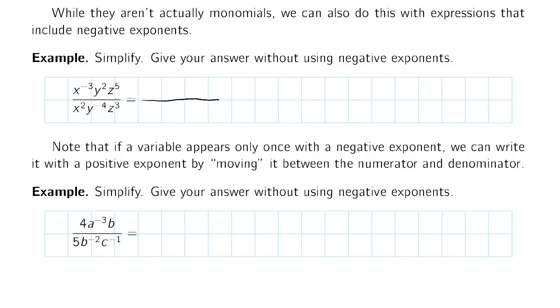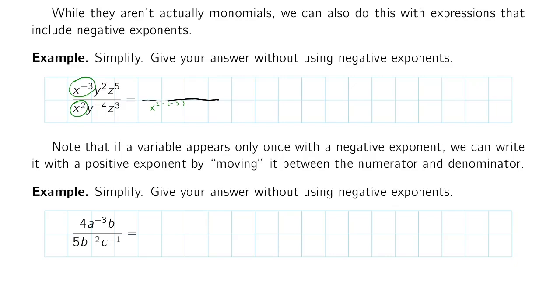And just like with the positive integer exponents, I'm going to go through variable by variable. So I have x to the negative 3. I have x to the 2. 2 is greater than negative 3. So I'll have x to the 2 minus negative 3 in my denominator.